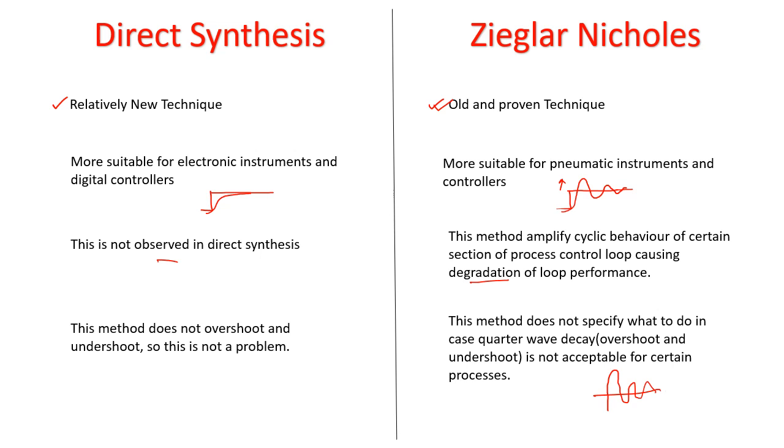They have not mentioned what to do if we cannot do this quarter wave decay thing. On the other hand, direct synthesis doesn't have the overshoot and undershoot problem. So it can be used on much wider processes.